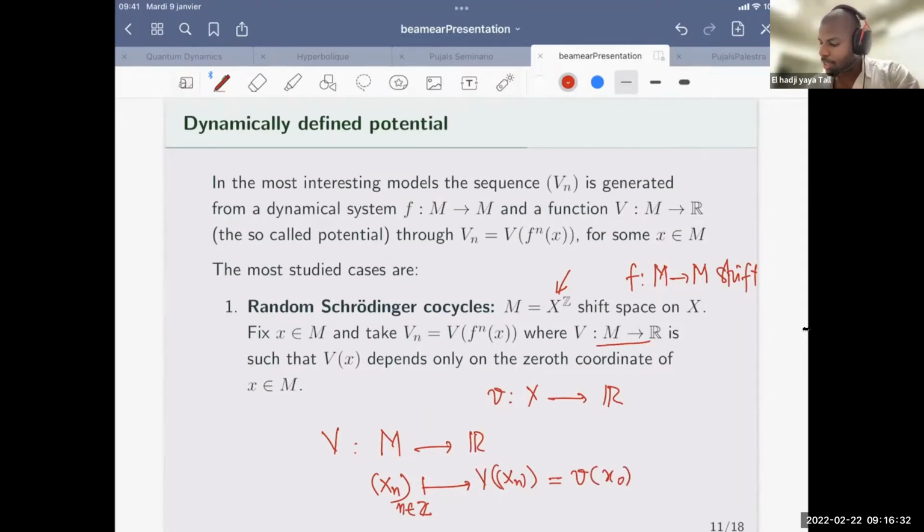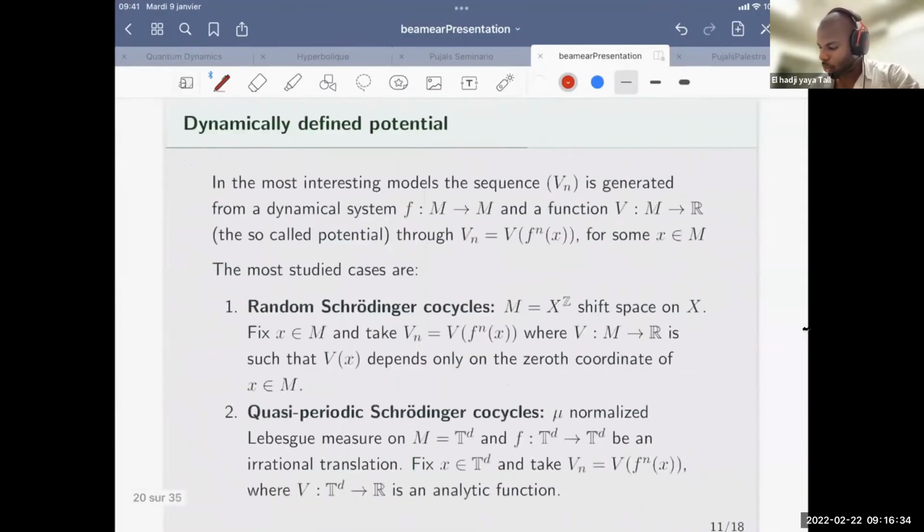And the other case is quasi-periodic Schrödinger. And this is the most famous because it involves a lot of beautiful mathematics. There are many people working on these cases, quasi-periodic Schrödinger. So you can think of, you start with your space. The ambient space is a torus, but you can think of M equal to S1.